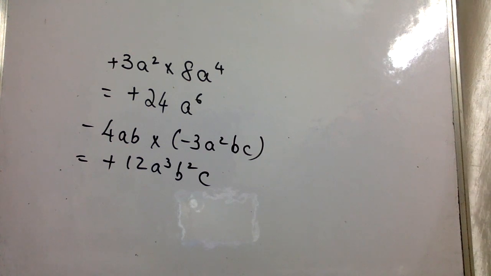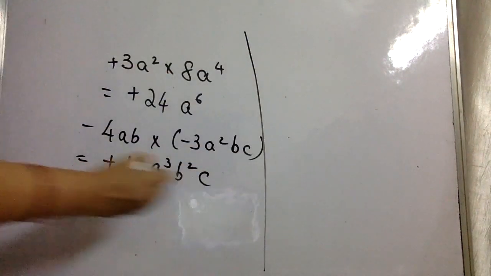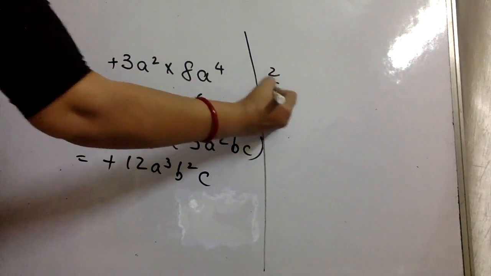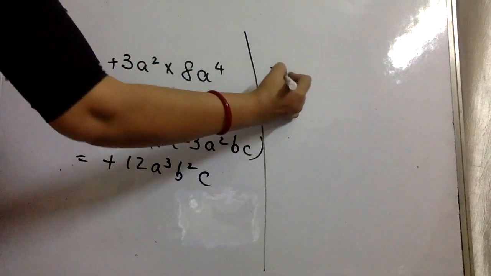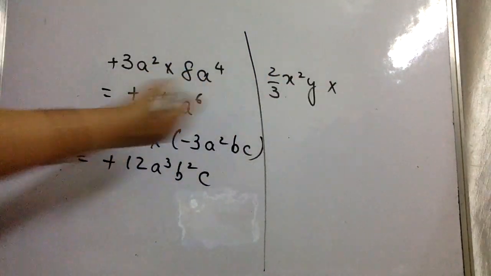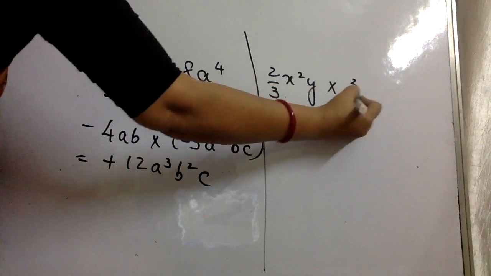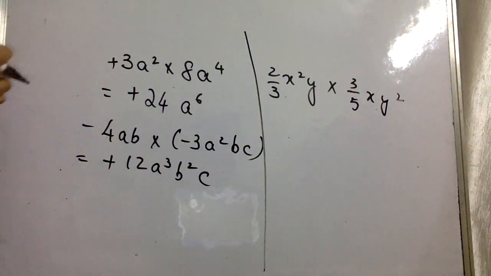Now let me take another question where there is a little bit of fraction. Here I have 2 by 3 x square y into 3 by 5 x y square. Now clearly these are unlike terms.